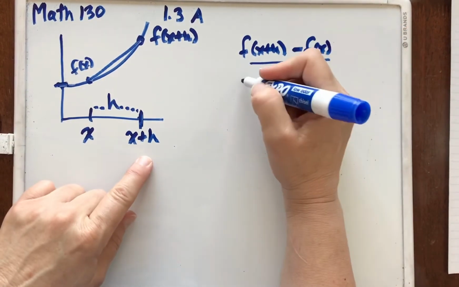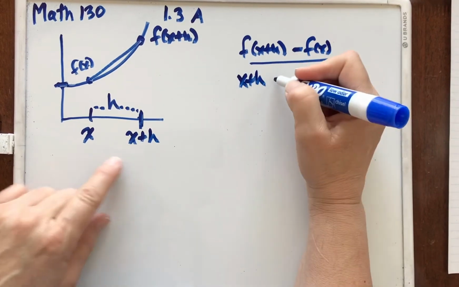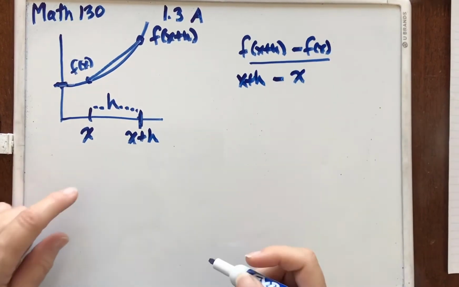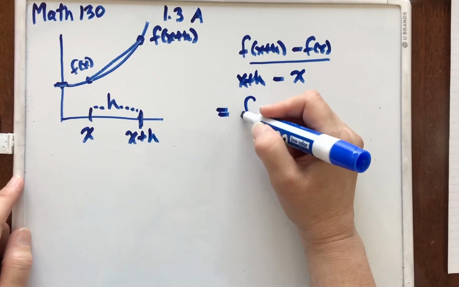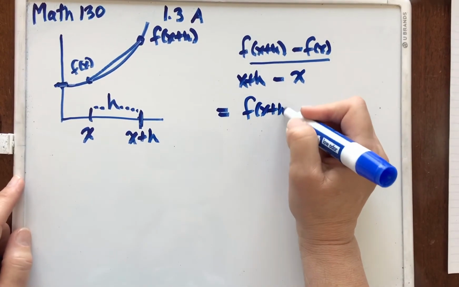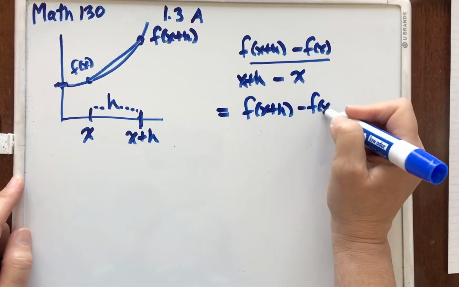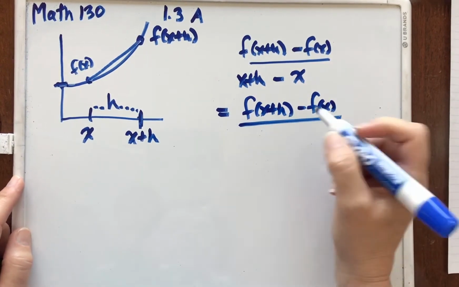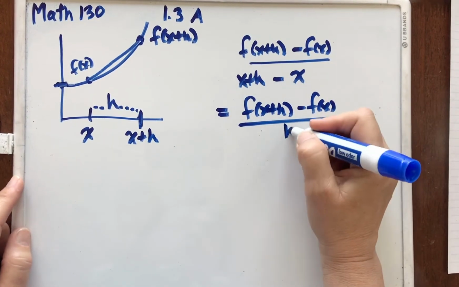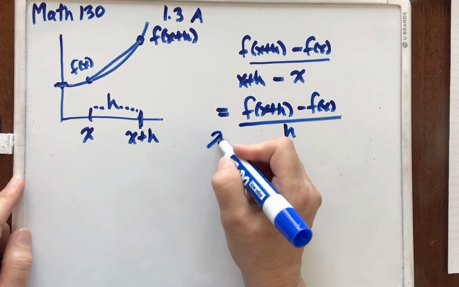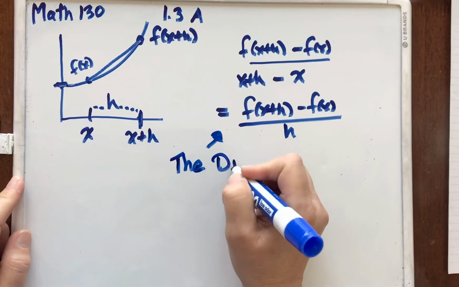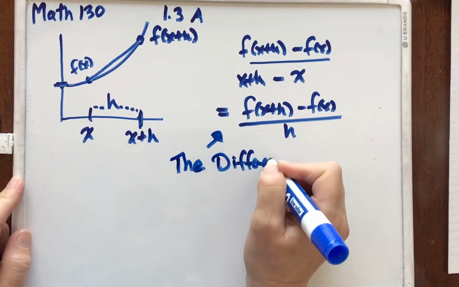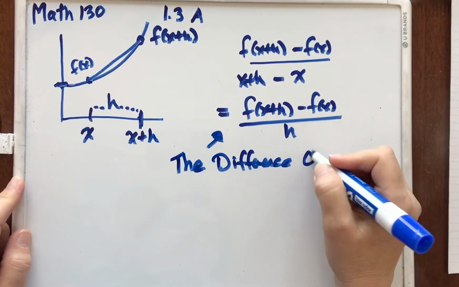And then we have this input, x plus h, minus x. Okay, so let's write this out. f of x plus h minus f of x, all over the x's cancel, h. This is called the difference quotient. The difference quotient.